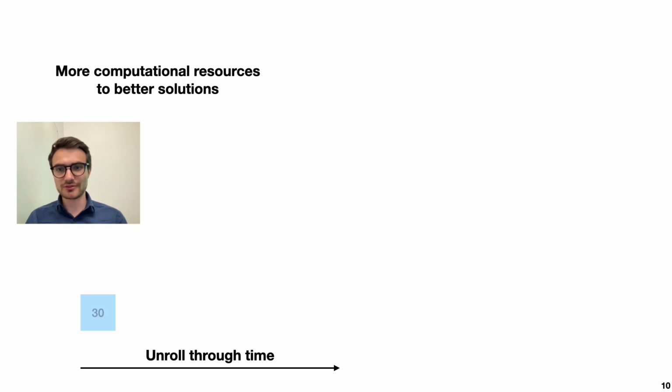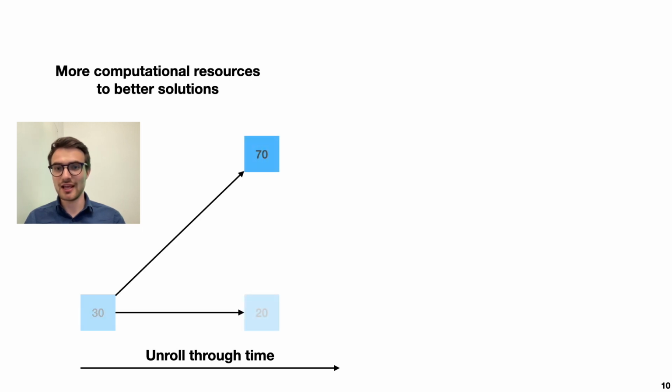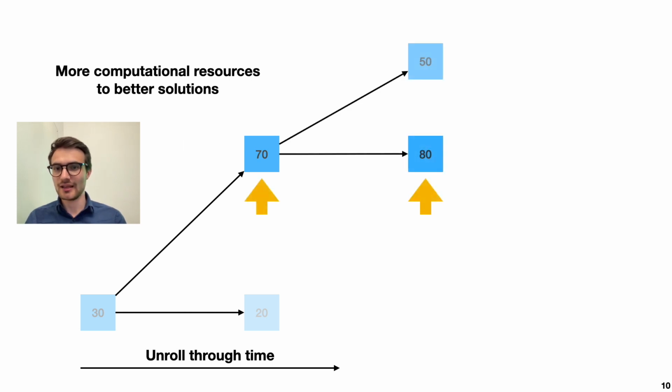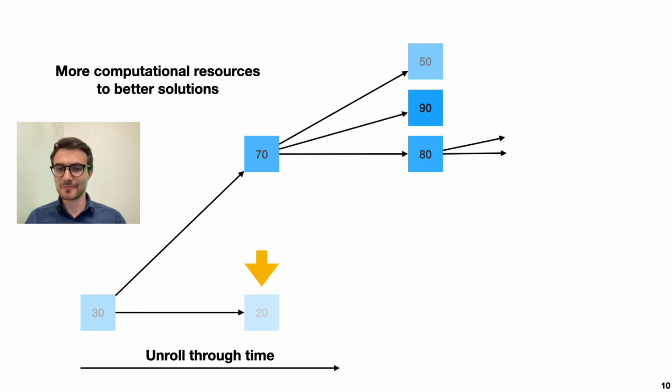To do this, we propose to simply assign more computational resources to better performing solutions. So we start out with some solution and generate new ones through self-modifications. And then from all solutions, we pick better ones with higher probability. We obtain new solutions and we repeat the process. Sometimes, with low probability, we also pick solutions with low performance.